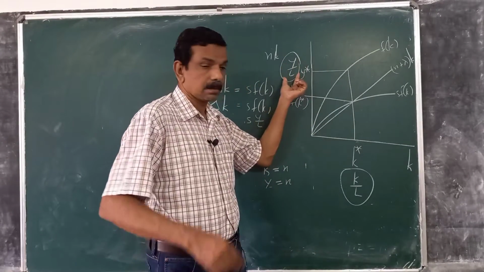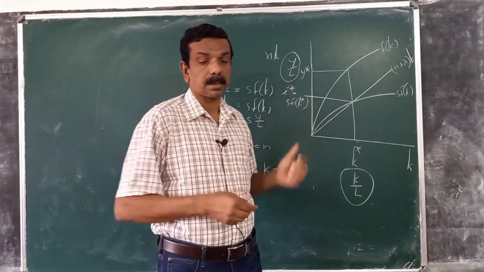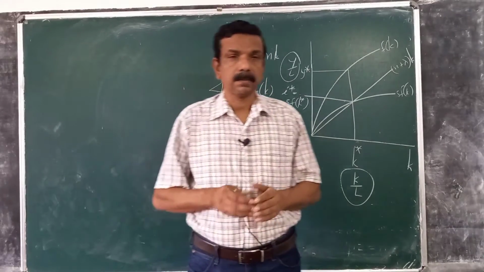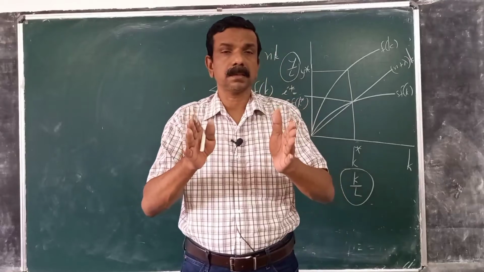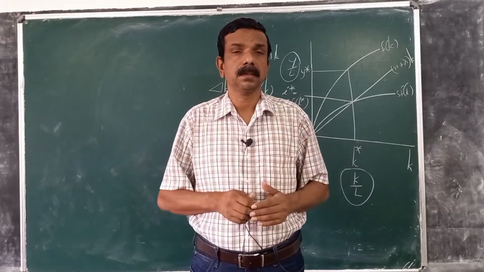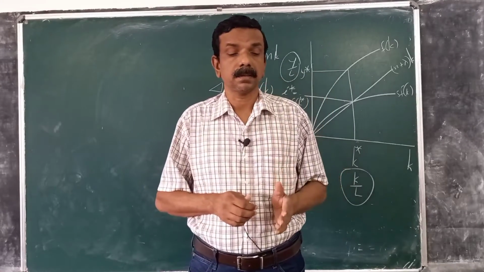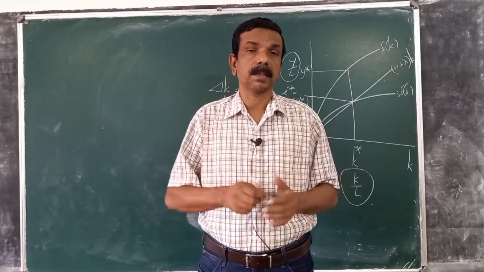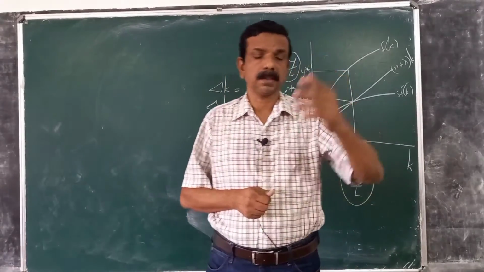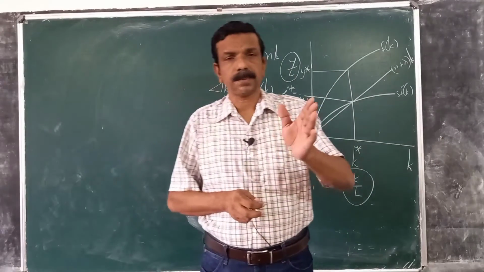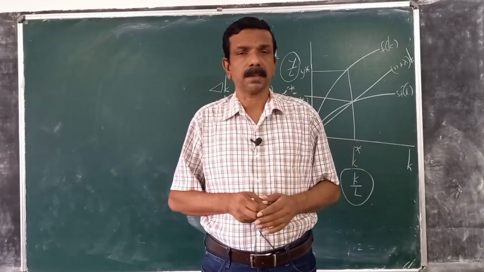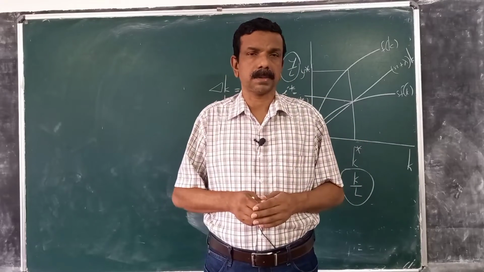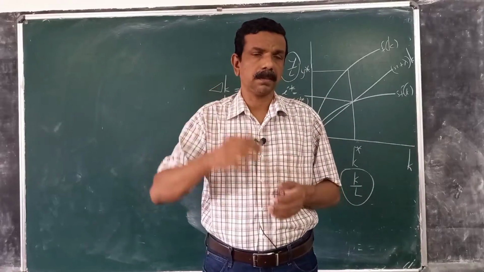Output per head constant means output is growing at a rate equal to n. That means we can explain sustained increase in GNP, but we cannot explain sustained increase in per capita income, which we observe in the real world. To explain sustained increase in per capita income, we have to introduce technological progress. That we will see in a later session.